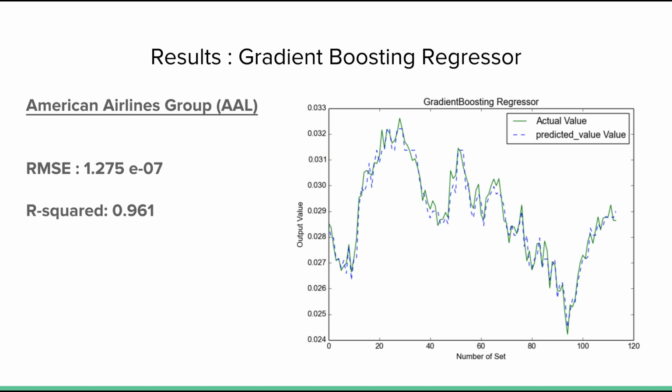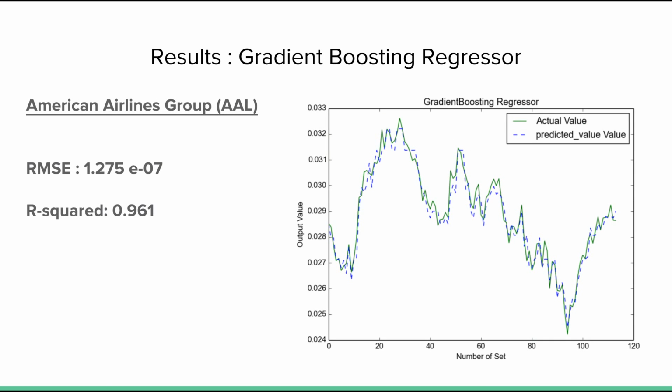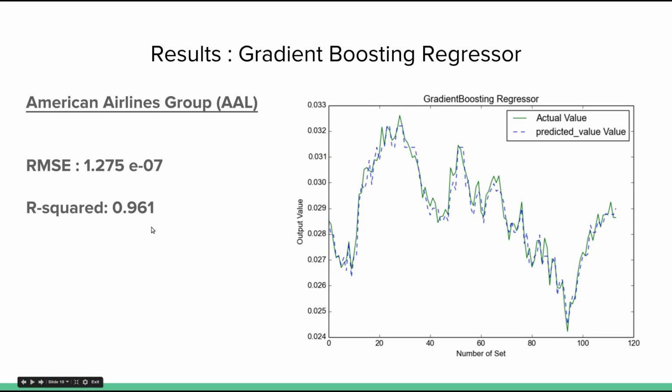And for gradient boost regressors also, we observe that the actual and the predicted values are pretty much in unison, along with the RMSE value again being in the range of 1.275, but performing a little better than the AdaBoost regressor. And clearly the R-square score for this is also 0.961, which is also very healthy.